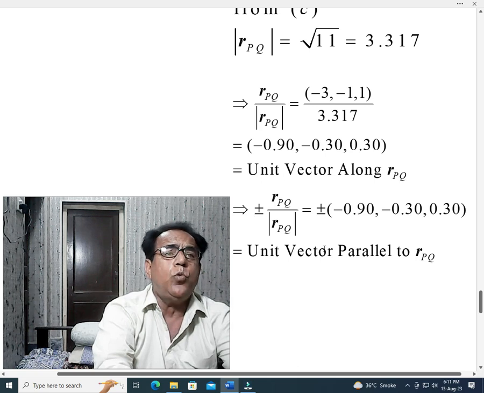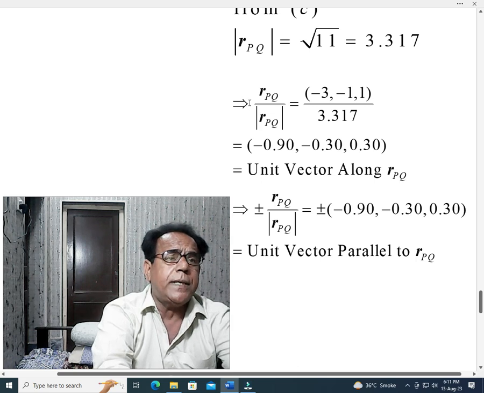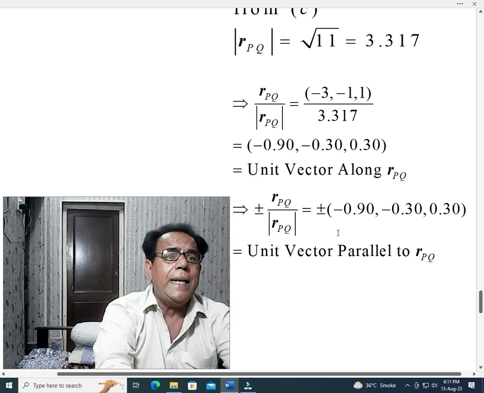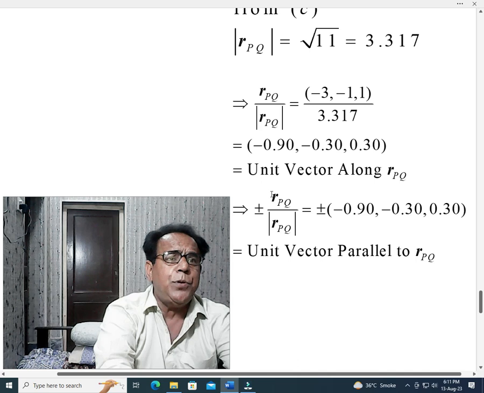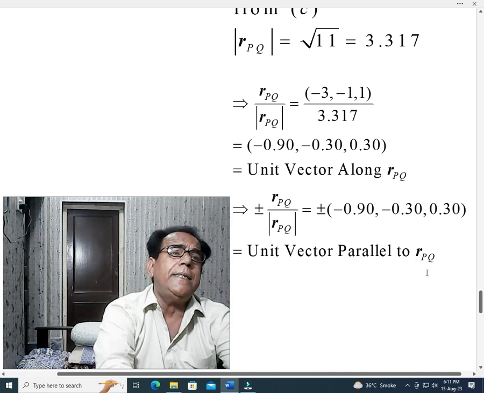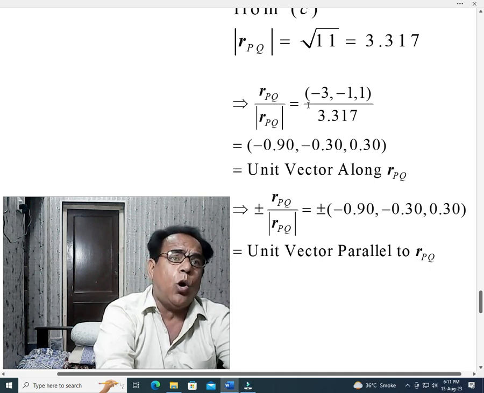Now we come to the parallel term. Here if we use the plus minus sign, then plus minus will appear, so plus minus RPQ over the modulus of RPQ equals plus minus this, which becomes the unit vector parallel to PQ. What is the difference between the unit vector along and parallel?